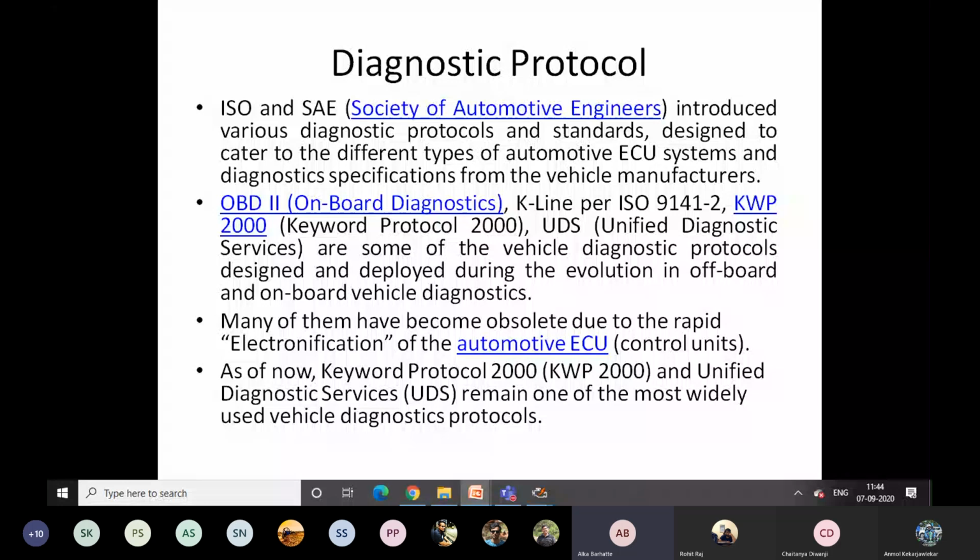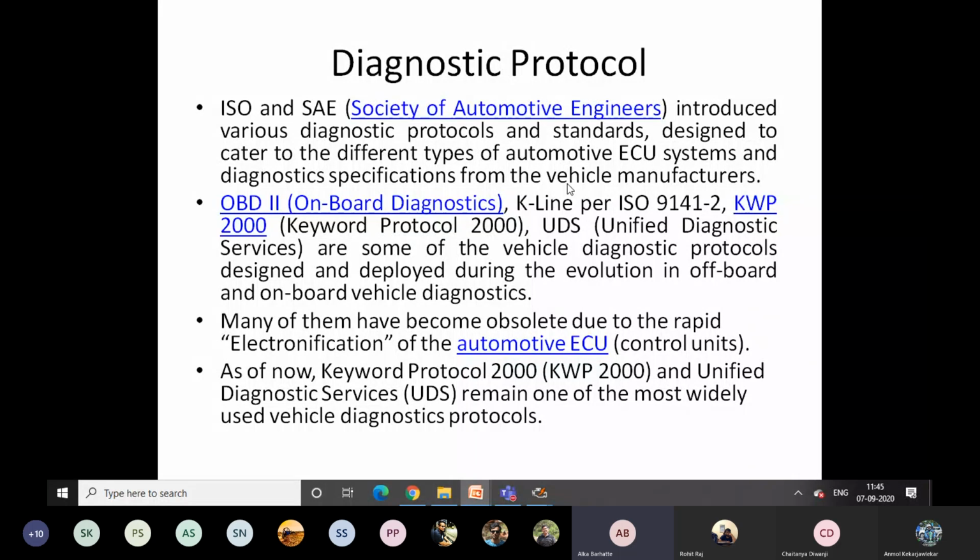There are various protocols existing. OBD2 also comes under the diagnostic protocols, which support KWP 2000 as well as UDS. Apart from that, as we have just seen, it is represented by ISO 9141 or SAE J1850, so those names are given to represent the standardization.